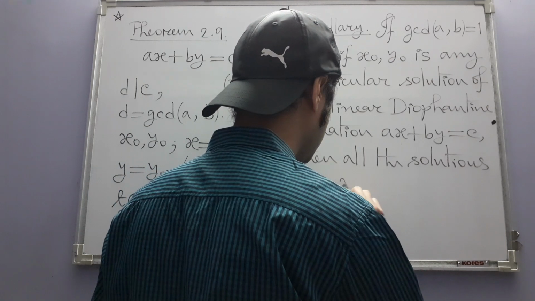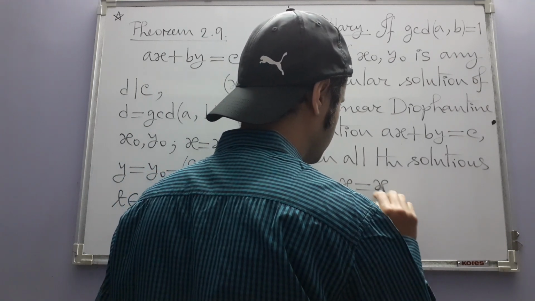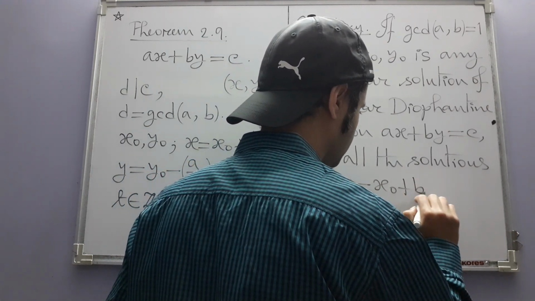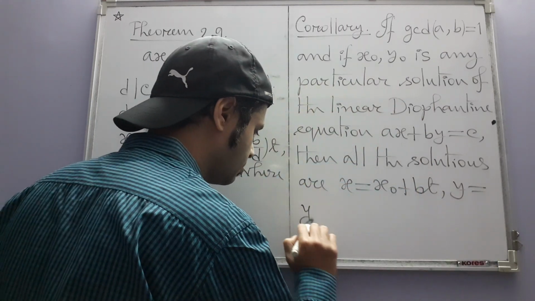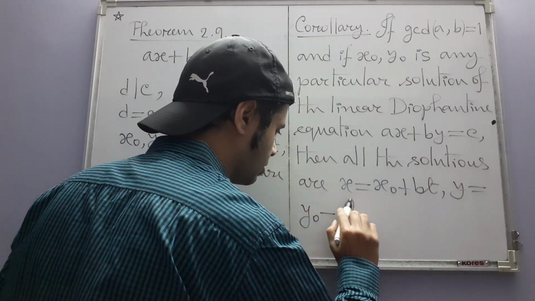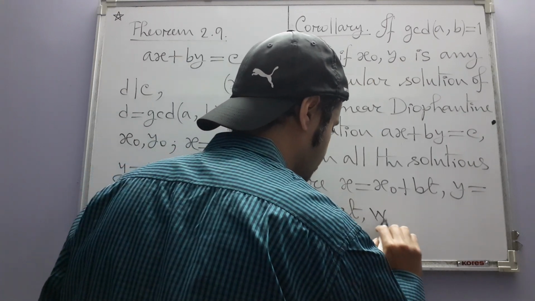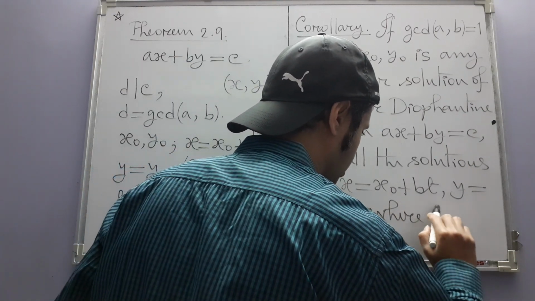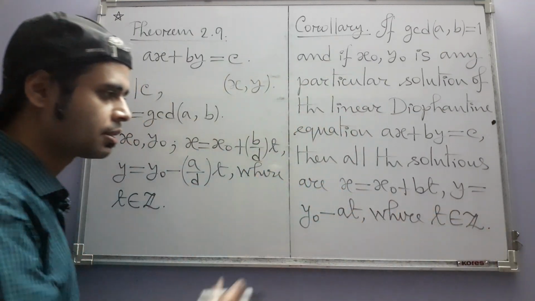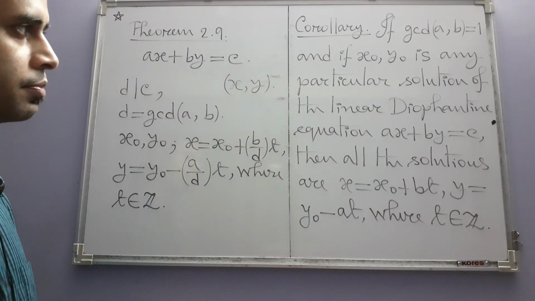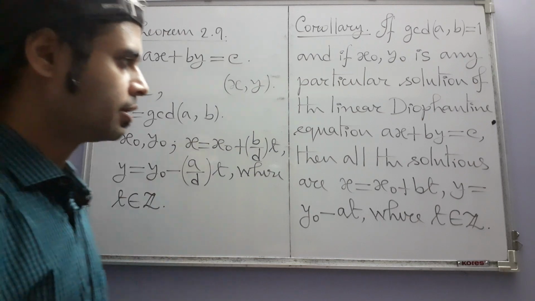That means x equal to x naught plus bt and y equal to y naught minus at, where t is an arbitrary integer. That way also you can write, or you can just simply write it like this. So this is a special case.